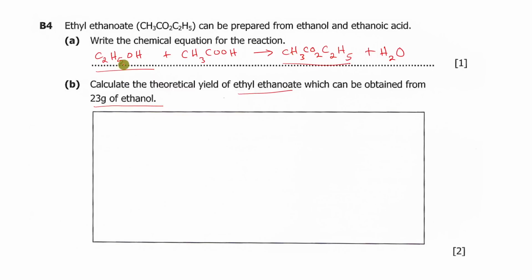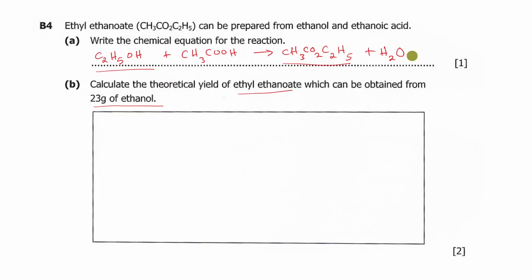Then hydrogen: here we have 5, 6, 7, 8, 9, 10, and here we have 3, 8, 9, 10. Hydrogen is balanced. Oxygen we have 1, 2, 3, and here 1, 2, 3. So it is balanced.